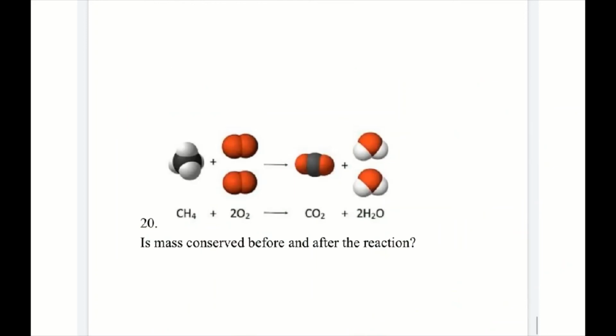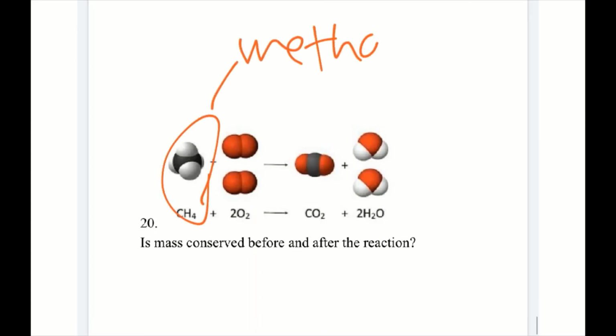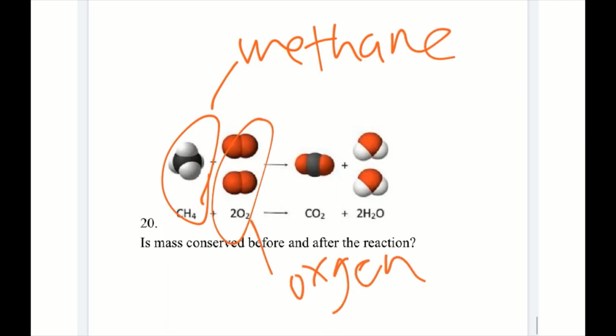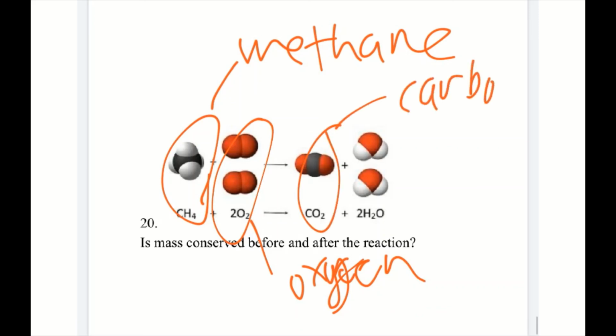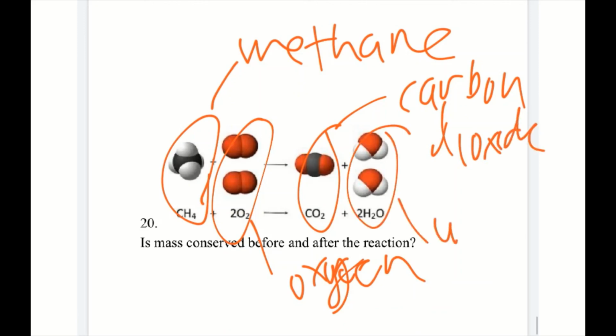Is mass conserved before and after the reaction? So this is a reaction that converts this chemical called methane and this chemical, oxygen. And these two combine to form carbon dioxide and water.